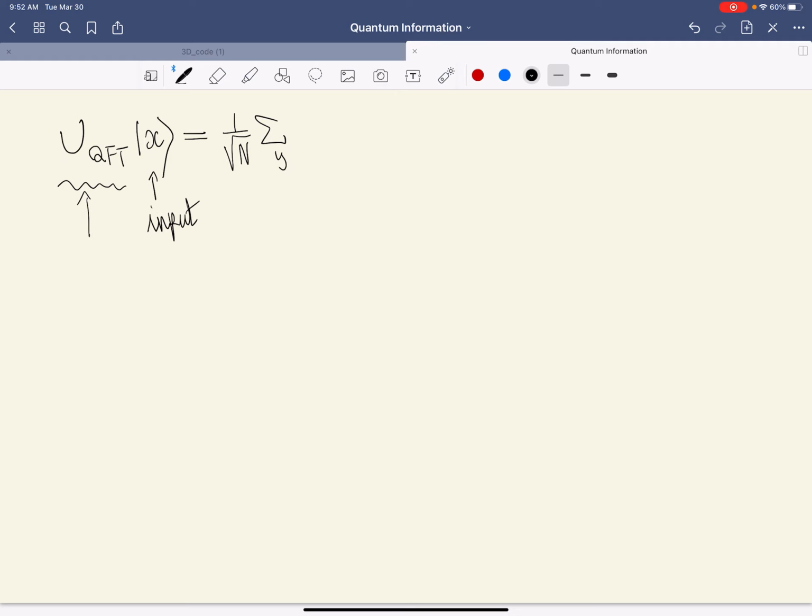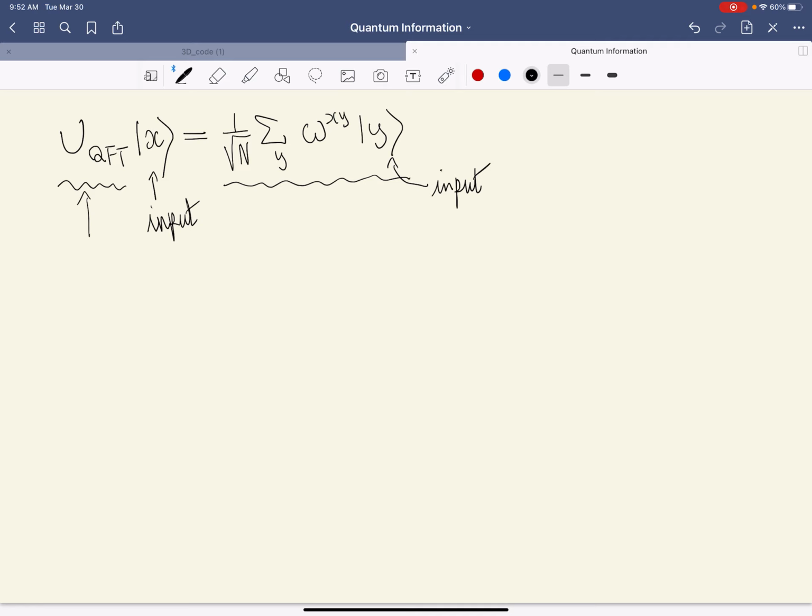The result of performing a quantum Fourier transform on a certain initial state is this one. It's a superposition, and y is again one of the input states of the input register.